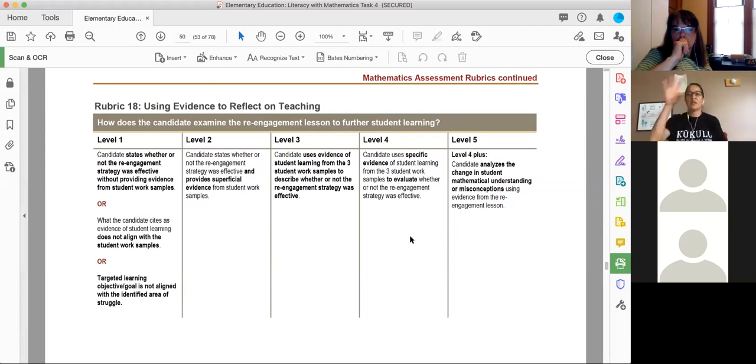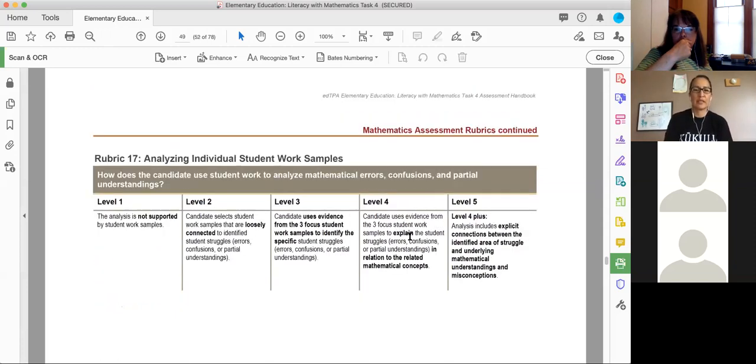Are you using this curriculum, instruction, assessment cycle to continually work to help your students? It is a cycle, and that's what they emphasize, and that's why this reflection is very important, because they want to see that you're using the data from your assessment and your assessment analysis to help the students continue to work towards those goals. So make sure you're being reflective there. That's the important point.